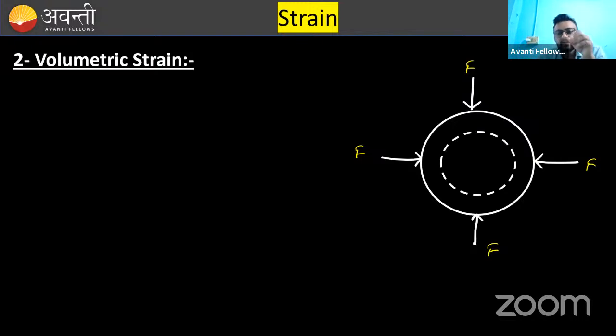So, what I'm saying is that there will be a change in volume of the body, and this change in volume of the body divided by the original volume is known as volumetric strain. How can we write it?